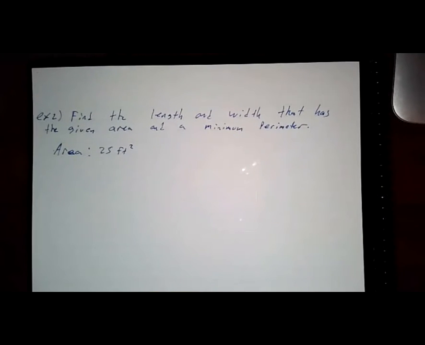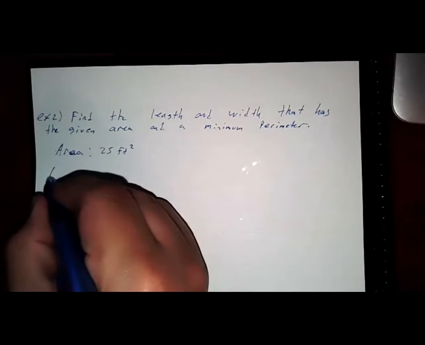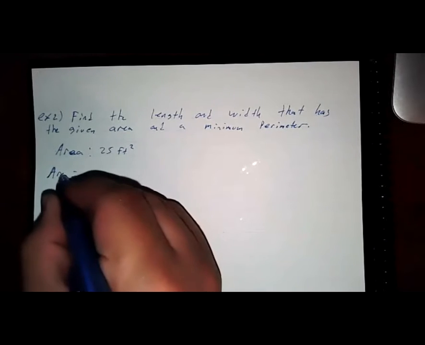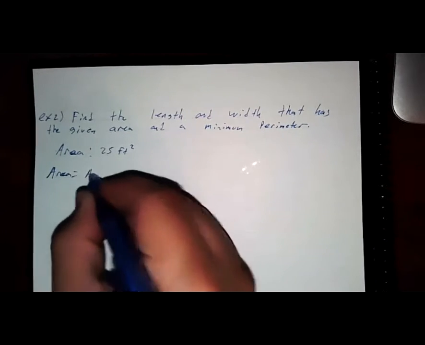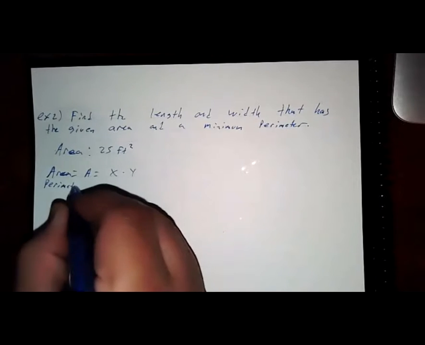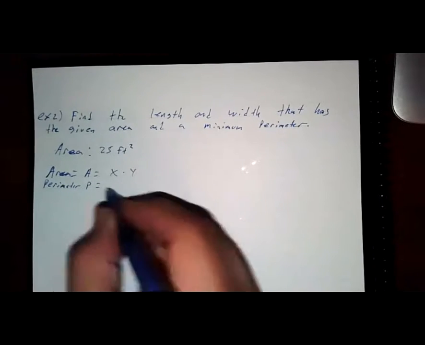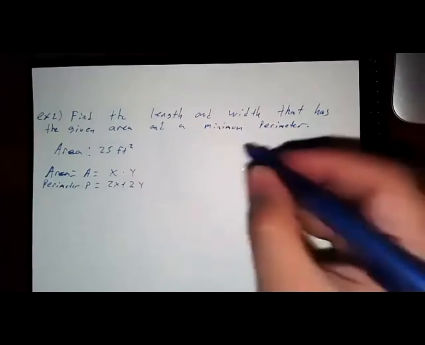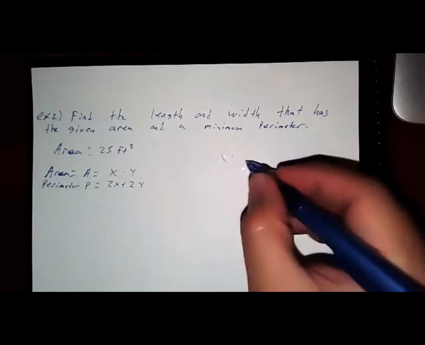So all the information we're given, which means we have to know the formulas, right? We know that area A is equal to X times Y. Perimeter P is equal to 2X plus 2Y. And we said X was length, right?